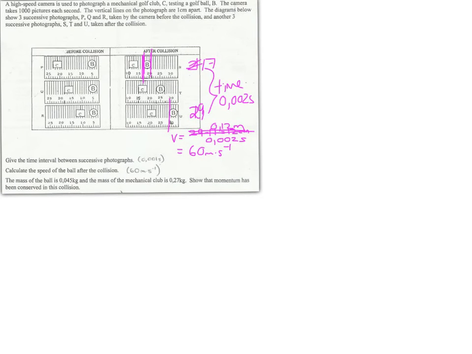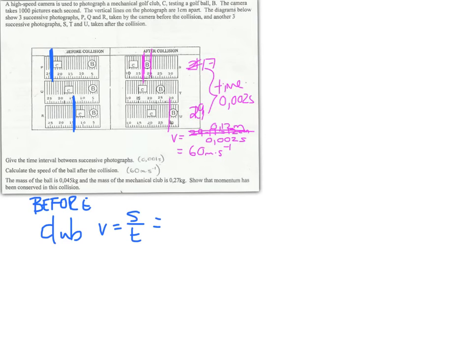The first thing is that before, I have got the club moving, and it is going, v is equal to distance over time, and I can take a look at this club and I can say that the back end is at 23 over there, and over here it is at 13.